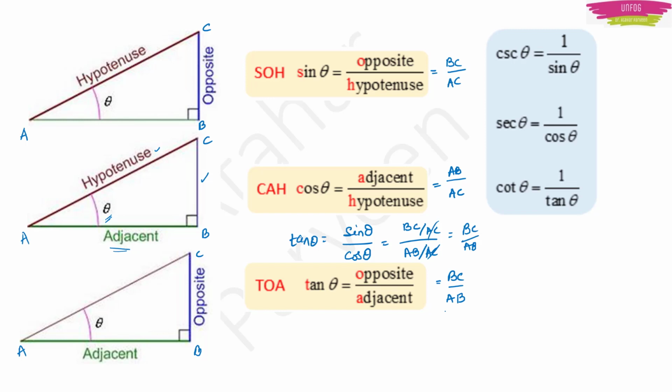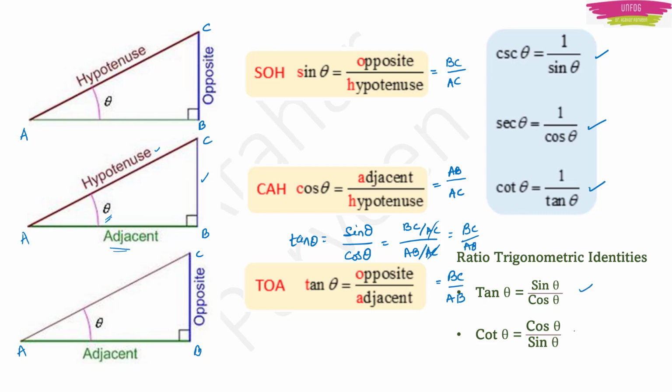and also we have cosecant theta, which is the reciprocal of sin theta, and then we have secant theta, which is the reciprocal of cos theta, and we have cotangent theta or cot theta, which is the reciprocal of tan theta. Okay, so all these are basics and you need to be perfect with all this.